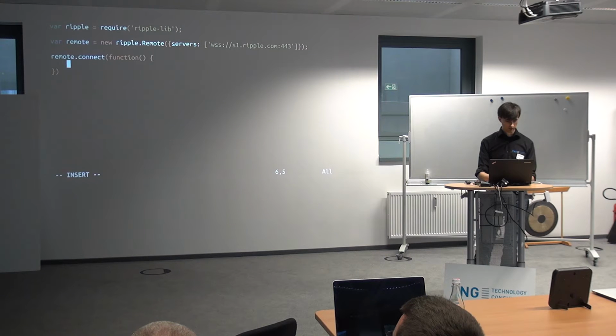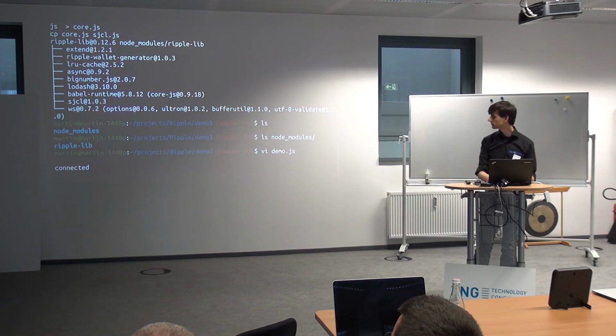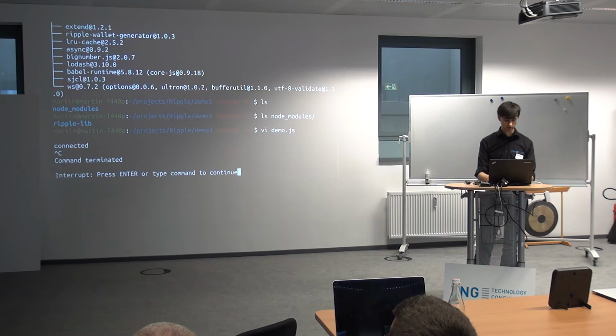And to see how this works, let's say we're connected. And let's see, it says connected. Okay, so in the background we now have a connection to the Ripple network.